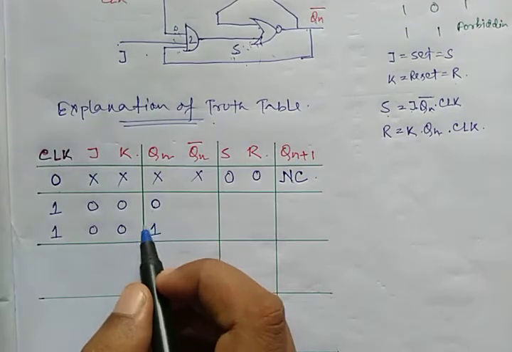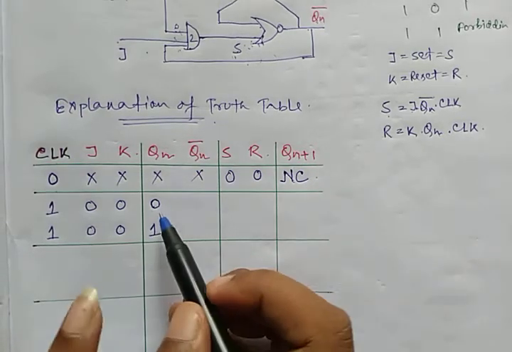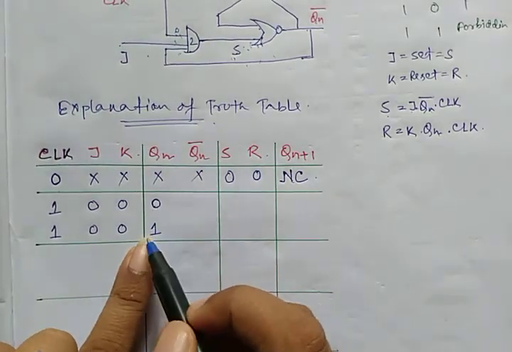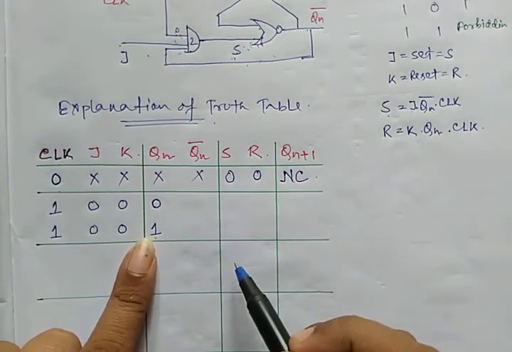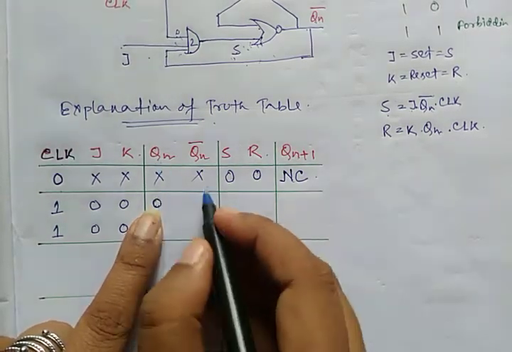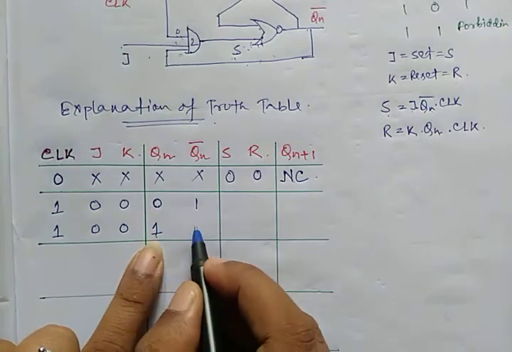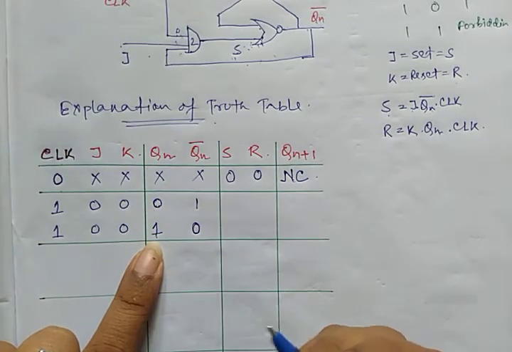For a single input, there must be two valid inputs, either 0 or 1, so in order to get the truth table, we have to check for both values. When Qn is 0, Qn bar is obviously 1. When Qn is 1, Qn bar is obviously 0.